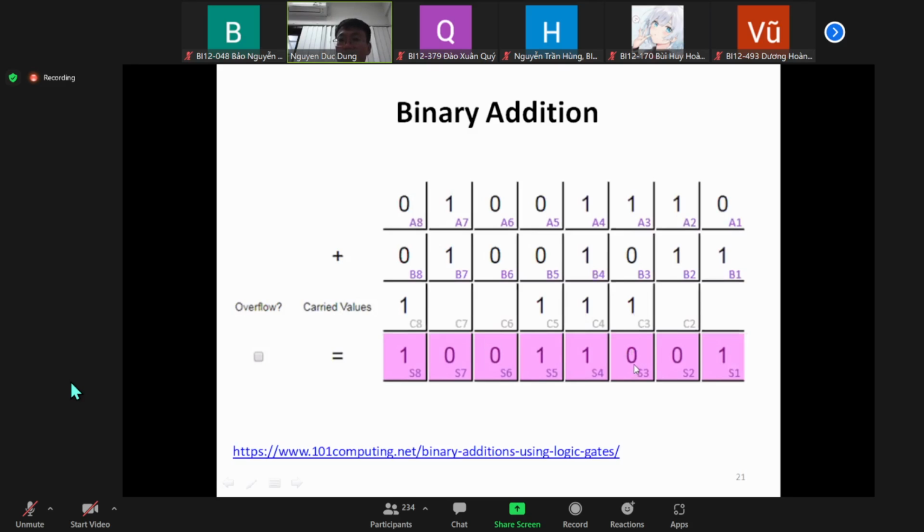So we write the value here, and we carry the number 1 for the next column. 1 plus 1 is 10. 10 plus 1 is 11 in binary. We write down the 1 here, and we carry the number 1 for the next column, and so on. 0 plus 0 is 0, with the carry value 1 we have 1, and so on.